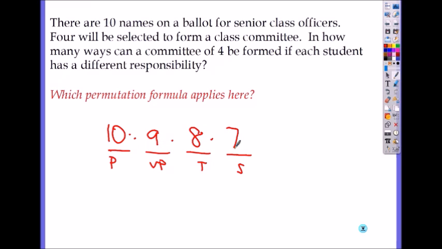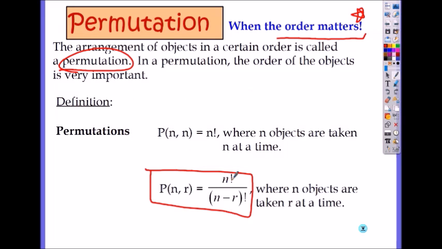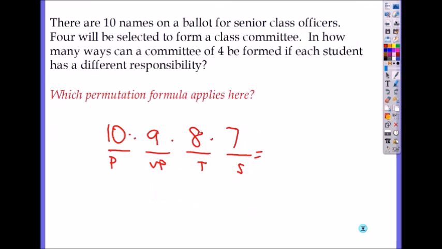This is permutation. So if you use this formula right here, 10 factorial divided by 10 minus, how many are we choosing? 4. So 6 factorial is this. Why? What is 10 factorial? Guys, do you remember? 10 factorial means it's the product of every number from 10 until it gets to 1.